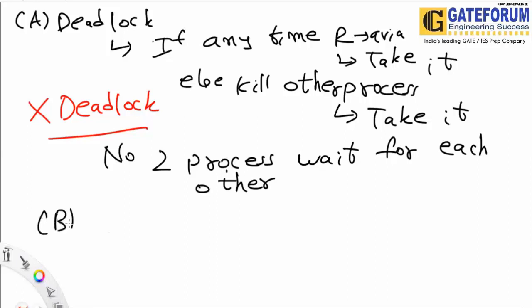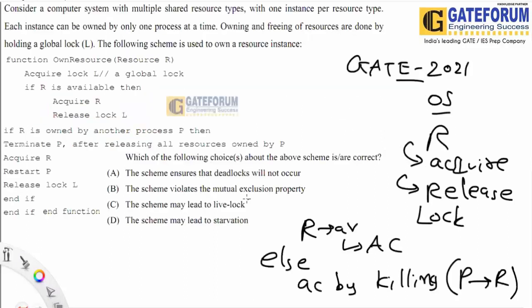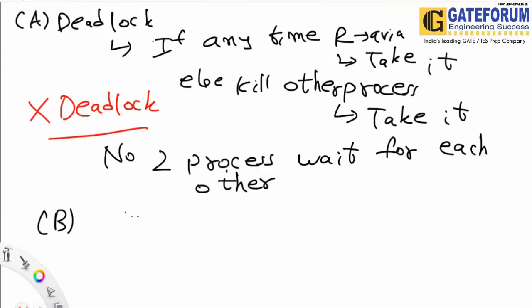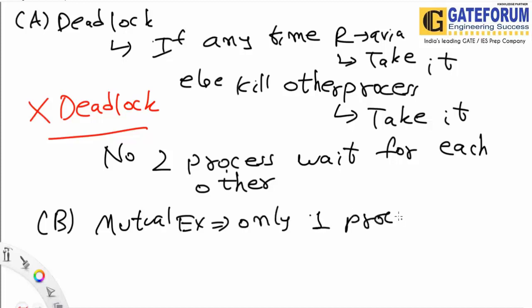About the B part, let's try to understand. The scheme violates the mutual exclusion property. Mutual exclusion says that only one process can be in the critical section at a time.